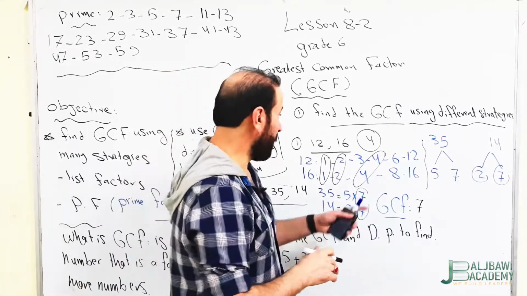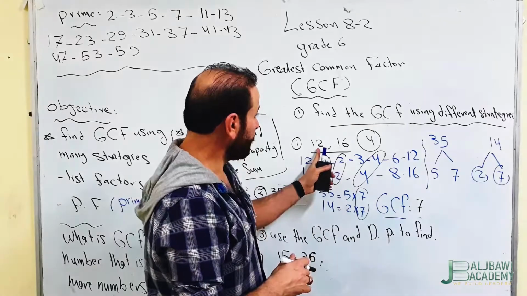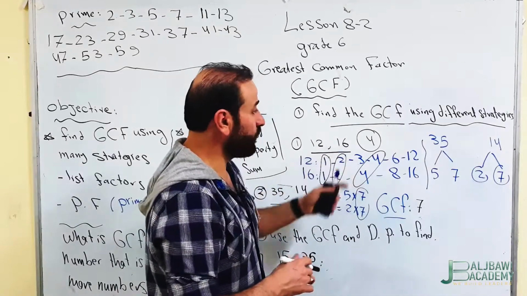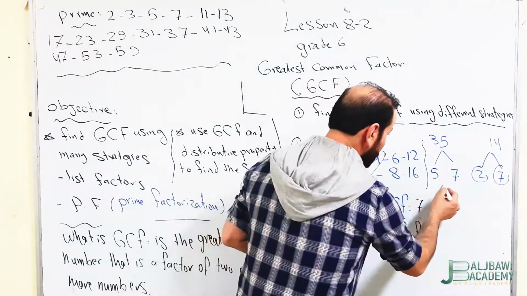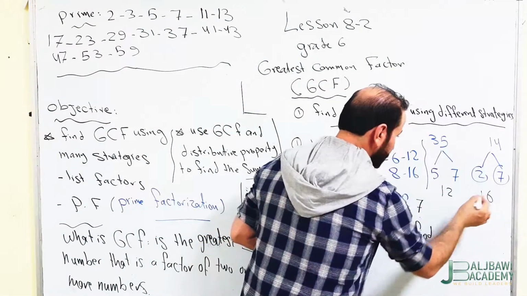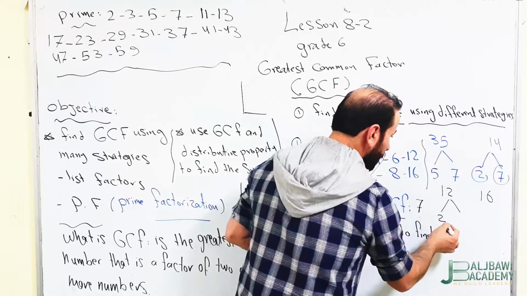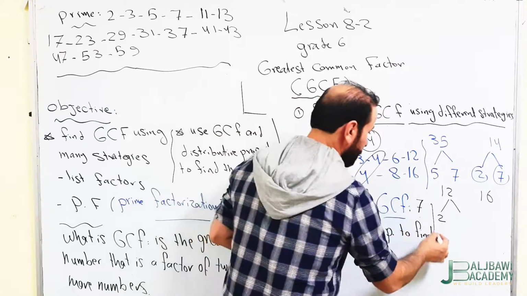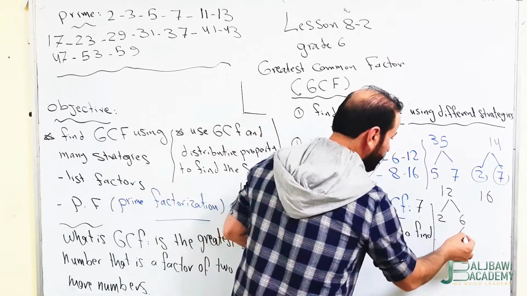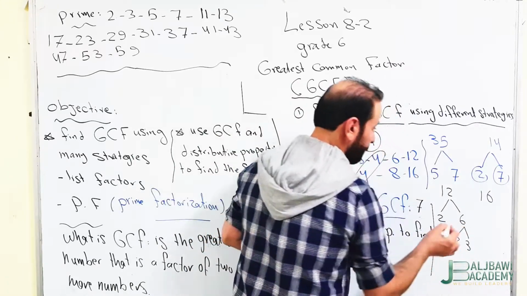Let me show you how to find the GCF for 12 and 16 using prime factorization. 12 is 2 and 6, and 6 is 2 and 3.